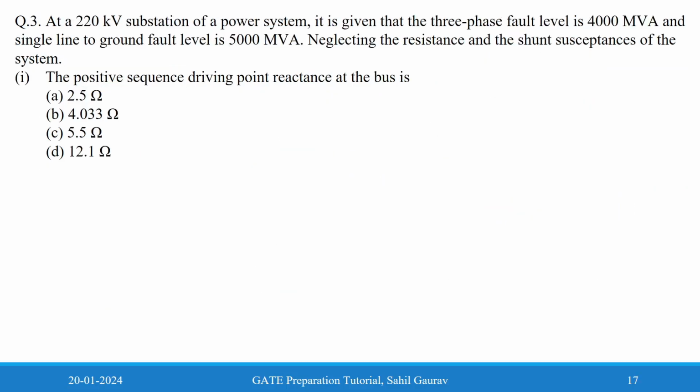Now let us see the next problem, and this is a common data question for 2 problems. That means it is of 4 marks, and this was asked in GATE 2005. It contains 2 sub questions, and the first question is of 2 marks, and the second question is also of 2 marks.